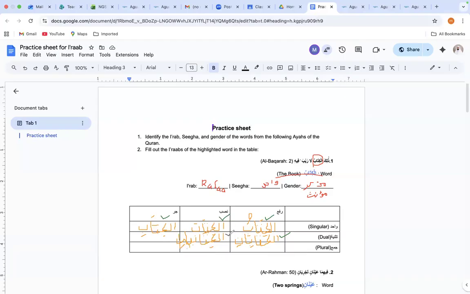Okay. كتابين. This is also going to be the same.